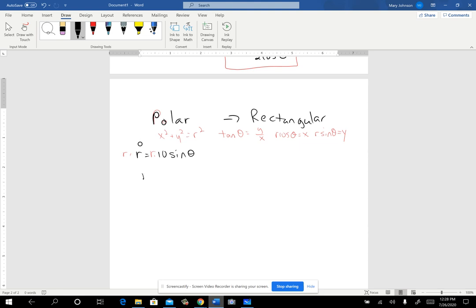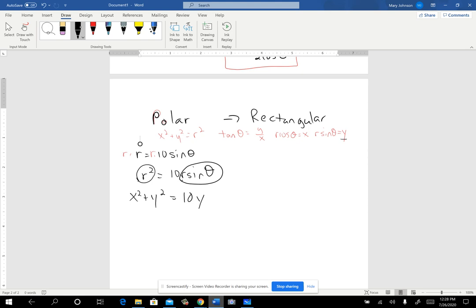And so you'd wind up with r squared equaling 10r sine theta. If you did that, the r squared could be replaced with x squared plus y squared, and then the r sine theta is what y equals. So we'd have 10y. So that would be good.